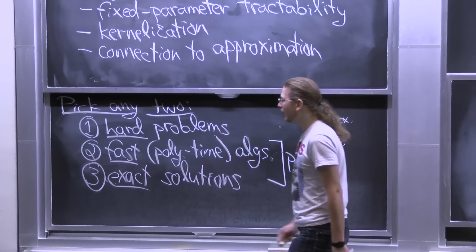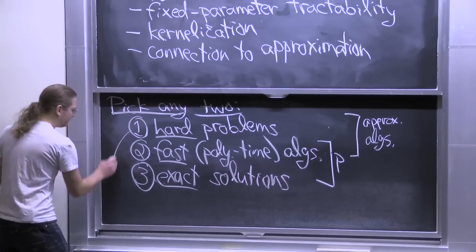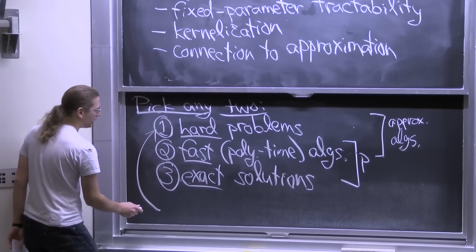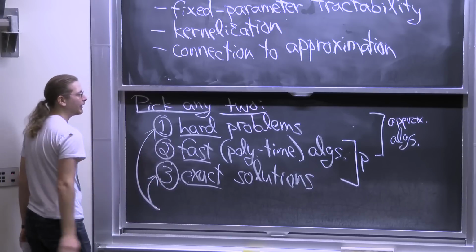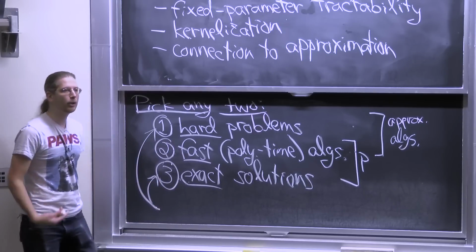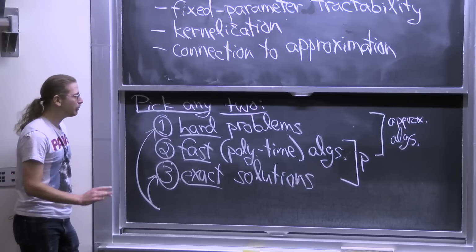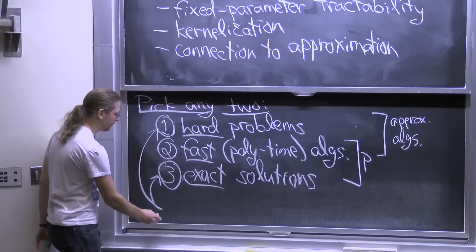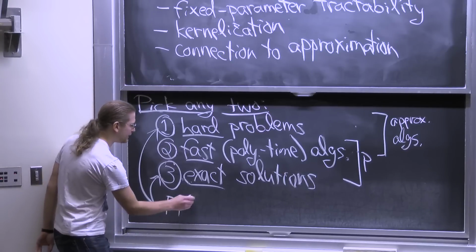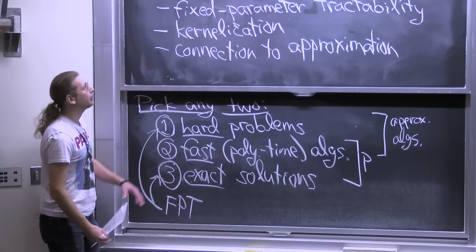And what we're doing today is the other combination. So we want exact, but we're going to sacrifice how fast things are. They're not going to be polynomial time in a strict sense, but it's going to be somewhere in between polynomial and exponential. This is an area called FPT, for fixed parameter tractability.